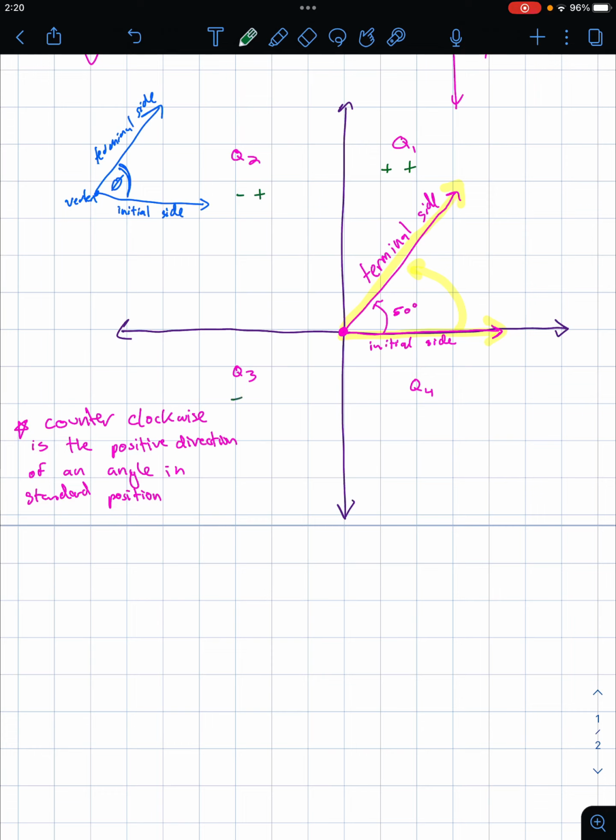Quadrant 3 is negative x, negative y's, and quadrant 4 is positive x, negative y's. So by calling positive motion counterclockwise, we initially land in this positive quadrant. So all the first set of angles we would deal with, like 1 degree, 2 degrees, all the way to 90 degrees right here, we'll all deal with positive coordinates. So that's part of why we might define counterclockwise as being positive.